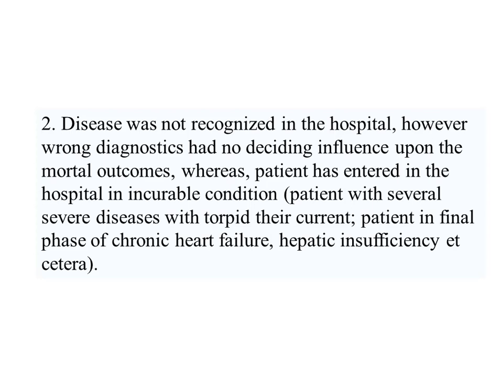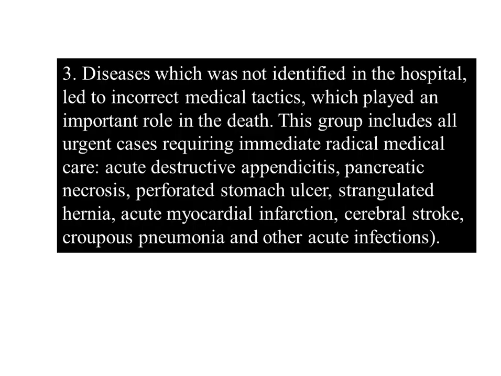This includes a patient with several severe diseases with a torpid current, or a patient in the final phase of chronic heart failure, hepatic insufficiency, etc. Third, the most severe category: diseases that were not identified in the hospital lead to incorrect medical tactics, which played an important role in the death.